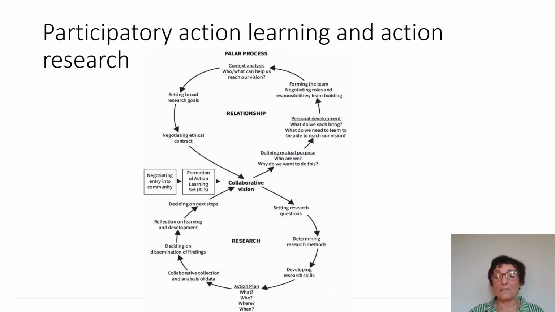So one of my community partners said it's actually like an infinity symbol, because it never stops, it just goes around. So instead of just focusing on the research, what is important in participatory action learning and action research is the relationship component, and that's one of the core principles of PALAR.